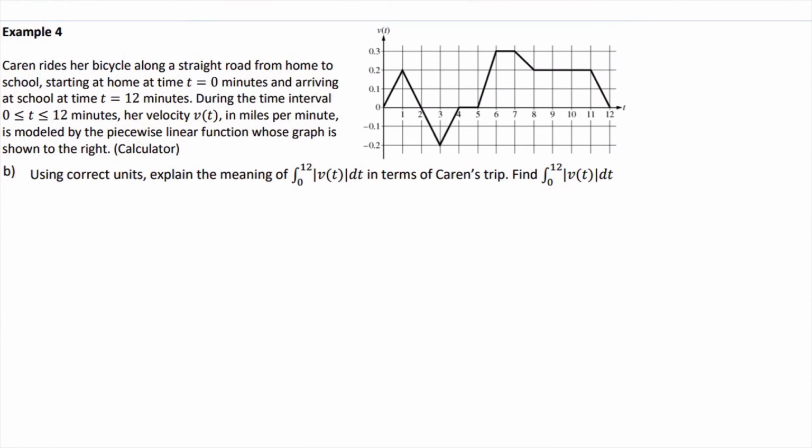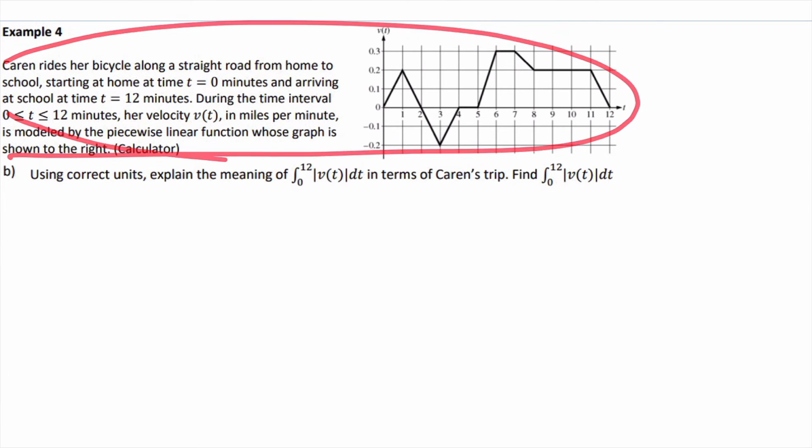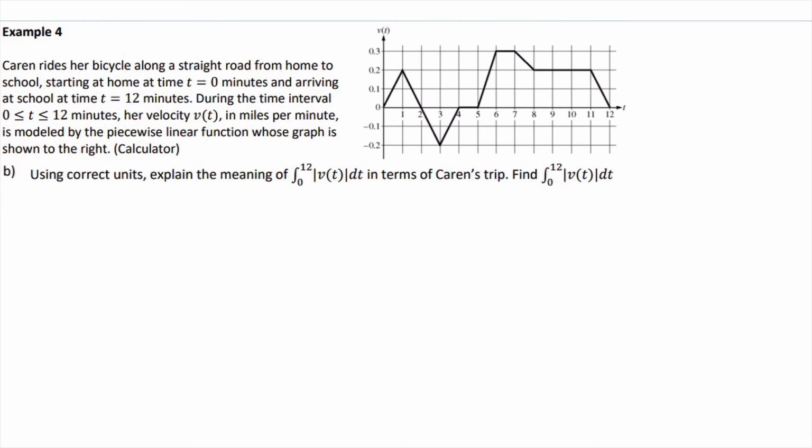Okay. All right. So same prompt, same background. Nothing's changed up here. Graph's still the same, words are still the same. Using correct units, explain the meaning of this. So, in context, in other words, with units.